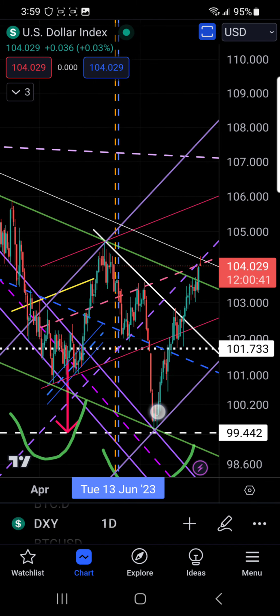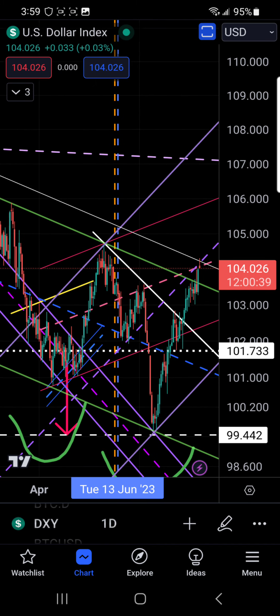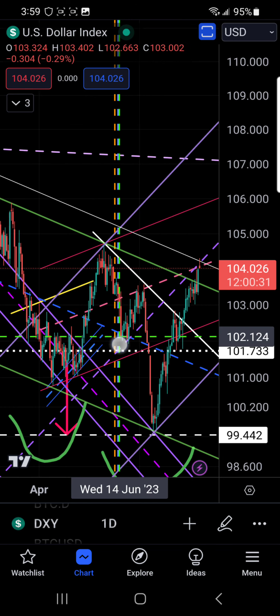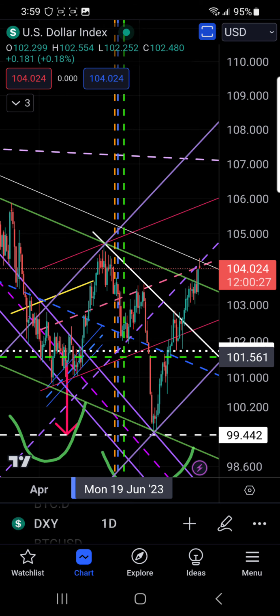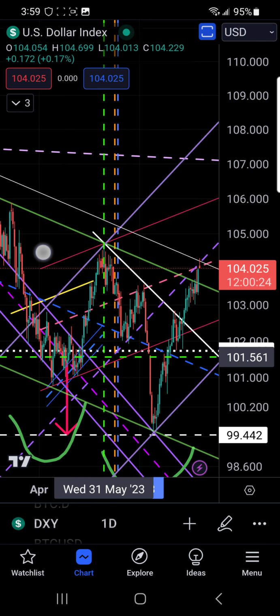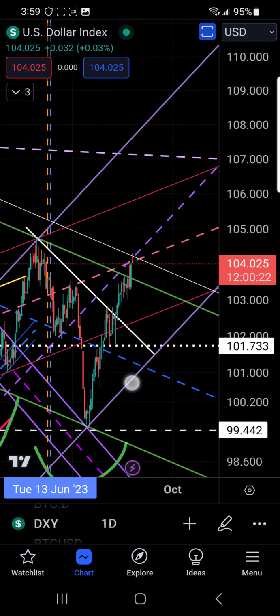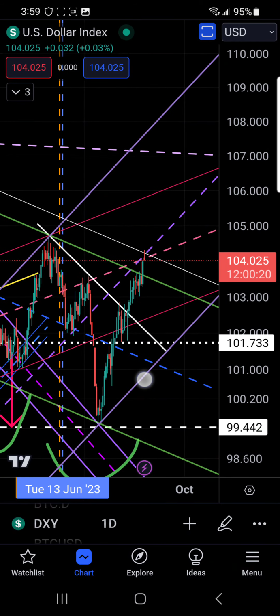the red channel is also a channel that we decided to go sideways in. Now, previously, this has been two red channels on my chart, and I consolidated them into one. Decided to try to find some key points of contact so I could just have one channel there.